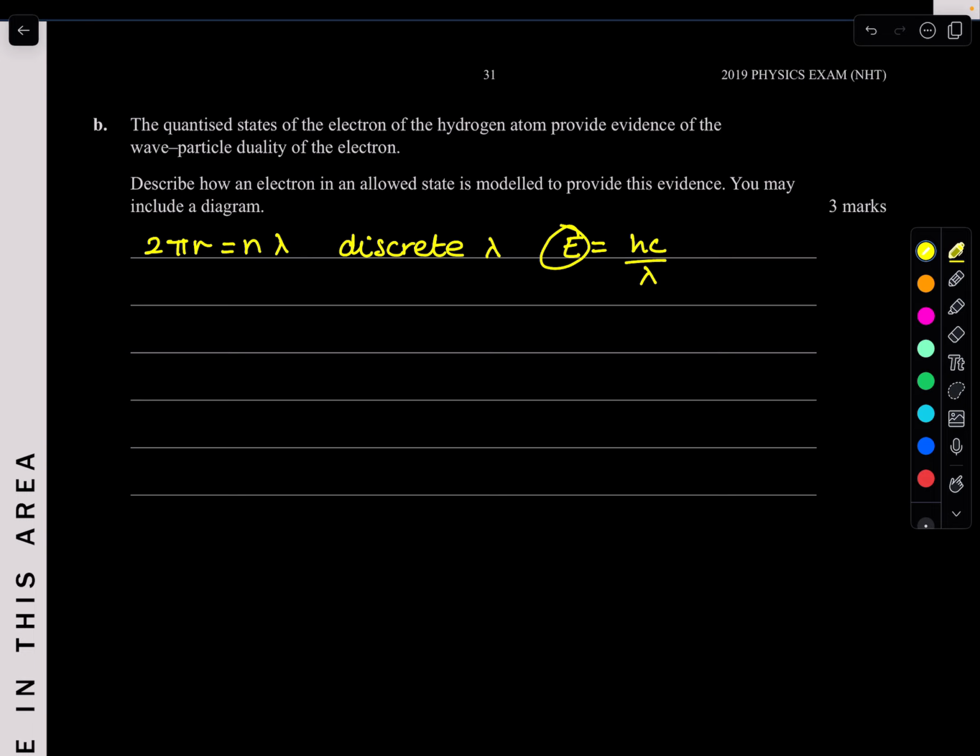So overall, this proves that only certain and discrete energy levels are allowed to exist, because only certain wavelengths are allowed to exist. That's what it explains. It's nice and easy to get full marks in this question, so it's important to write a nice explanation of all this in your formula sheet.